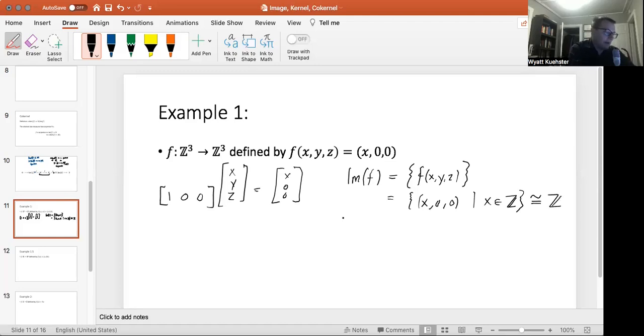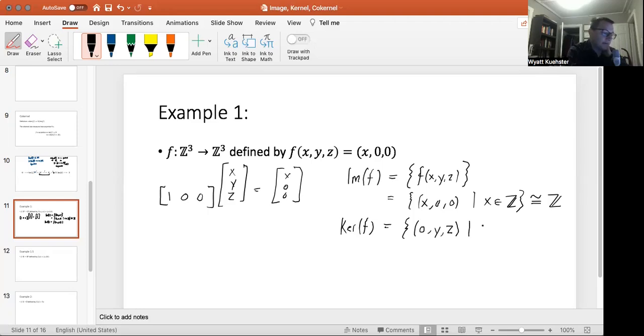Okay, and then the kernel is all of the things that go to 0. So what goes to 0 under this map? Certainly 0 goes to 0, and that's good because otherwise it wouldn't be a homomorphism. But other things that go to 0 are anything of the form (0, y, z). All that stuff goes to 0, and in fact, it's the only stuff, because I can't put any non-zero thing in the x slot and have it go to 0.